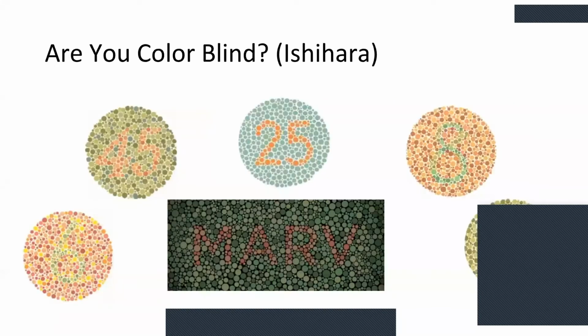But saying that, one thing to also mention as you're thinking about these color palettes is that 8% of males are actually red-green colorblind. So a pretty large percentage of our population might be colorblind. It's something to consider as well.